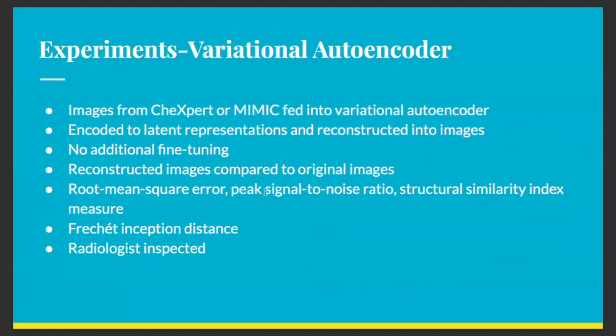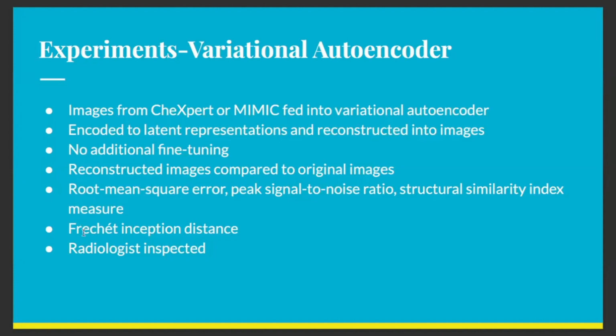And I'll get into the metrics used to compare the reconstructed image to the original. Some metrics that were looked at were root mean square error, peak signal to noise ratio, structural similarity index measure, and a metric that was used always to compare a reconstructed image to its original. So comparing pairs of images is the Frechet inception distance.